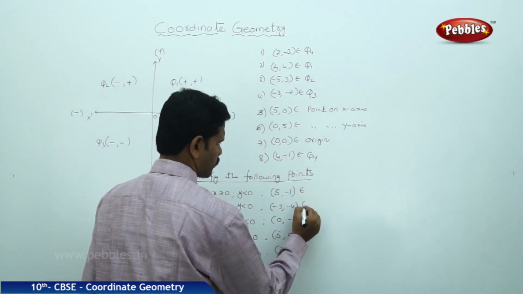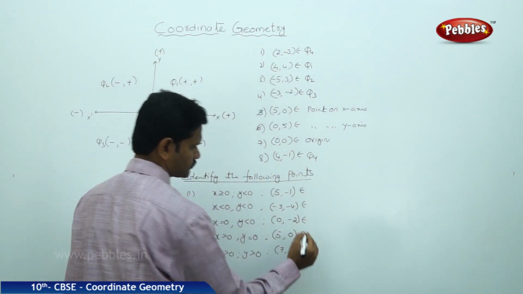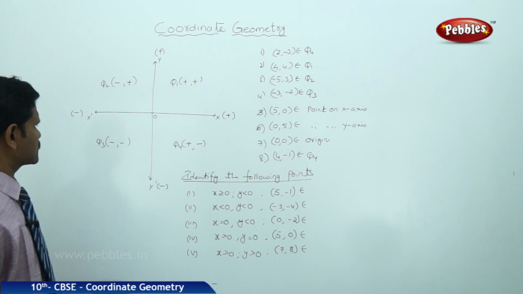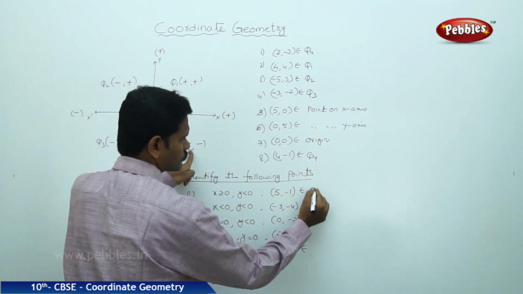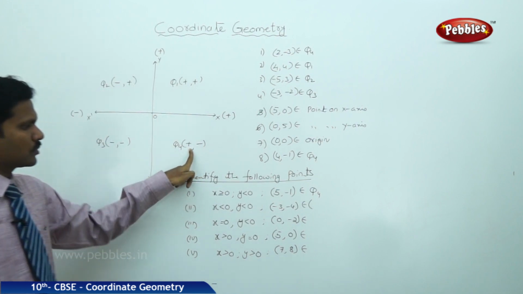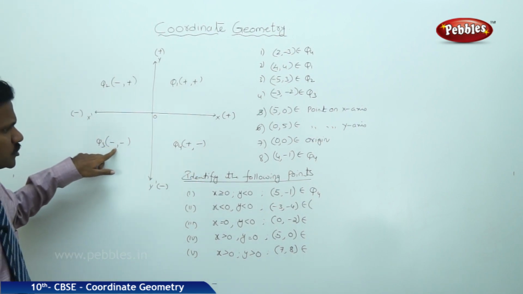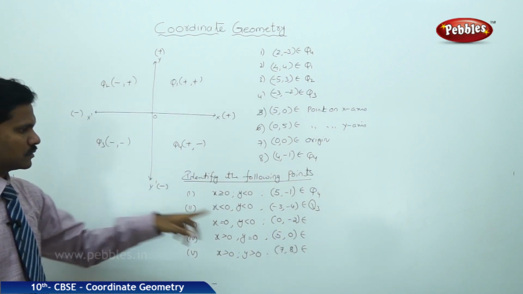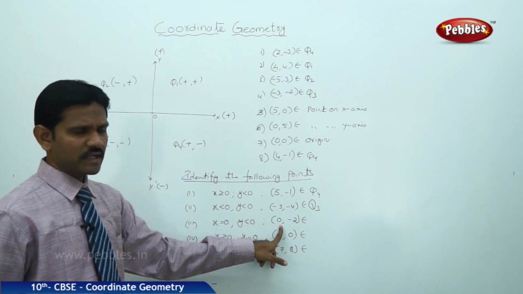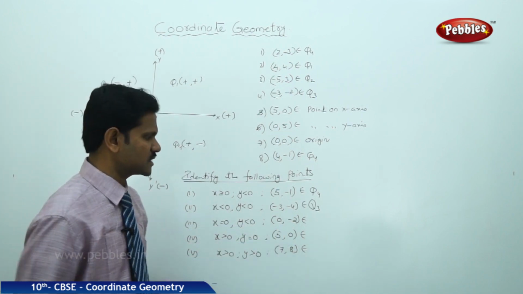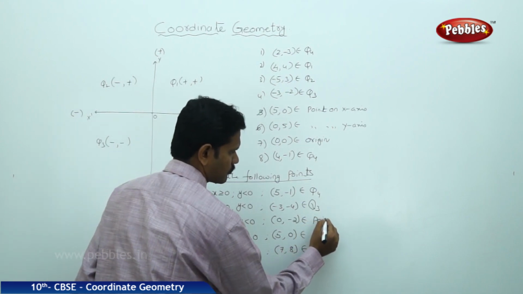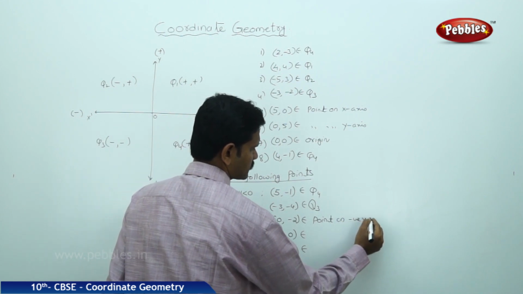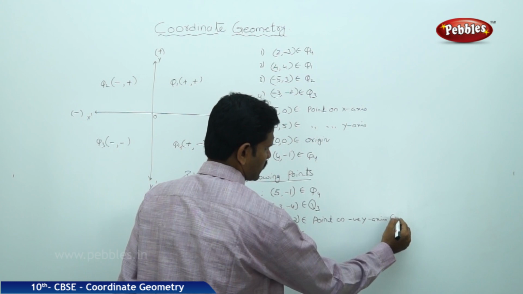Now you have to identify which quadrants these points belong to. 5 comma minus 1, plus minus, belongs to Q4. Minus 3 comma minus 4, both are minus values, which belongs to Q3. 0 comma minus 2: because the x value is 0, it is a point on the y-axis, specifically a point on the negative y-axis. Simply we can write it as y dash.